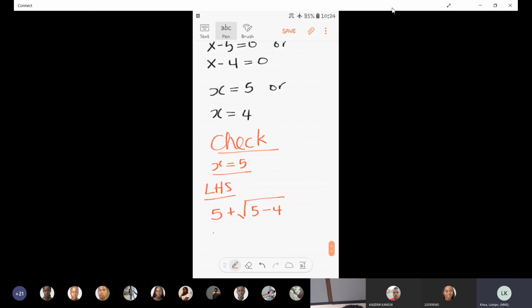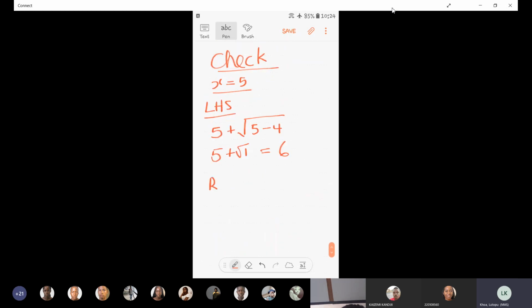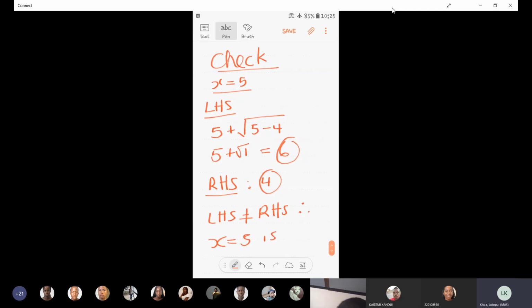This is 5 plus the square root of 1, and this is equal to 6. And then on the right hand side, I have 4. So 6 and 4 are obviously not equal. So left hand side is not equal to the right hand side. And therefore, x is equal to 5 is invalid.